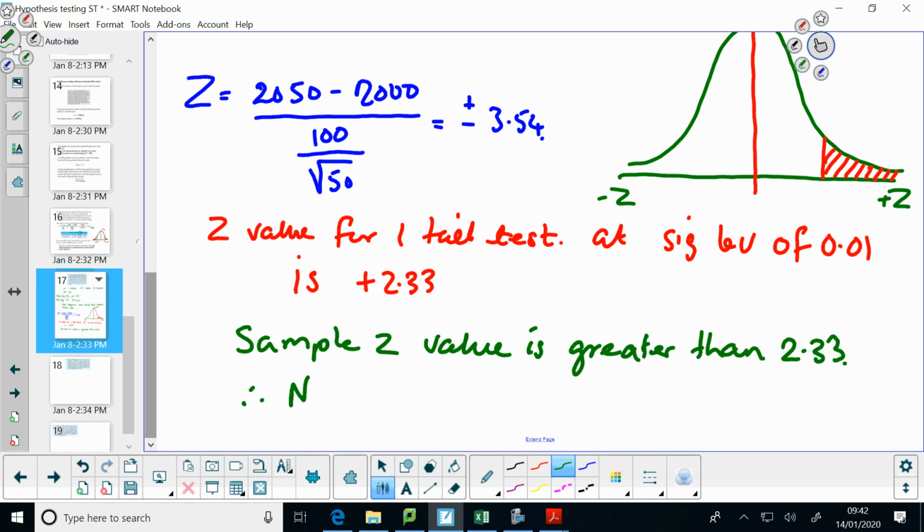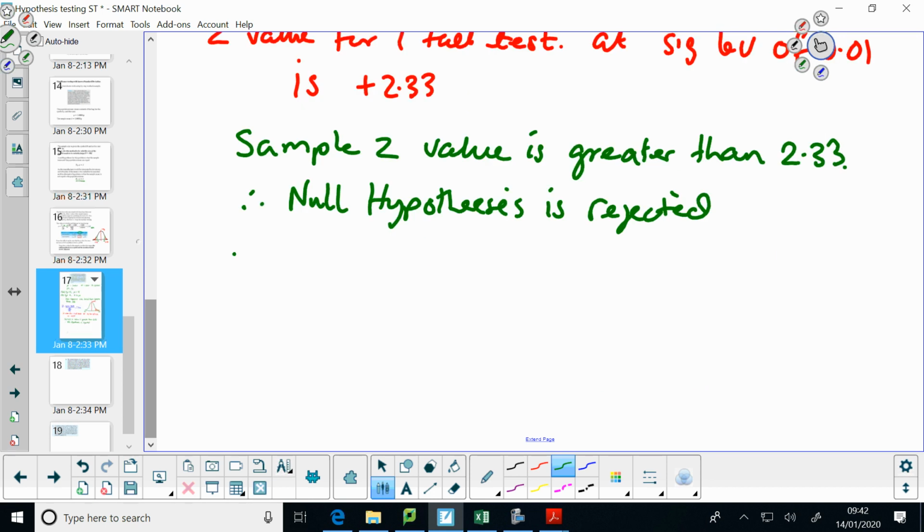Therefore, the null hypothesis is rejected, accept the alternative hypothesis.